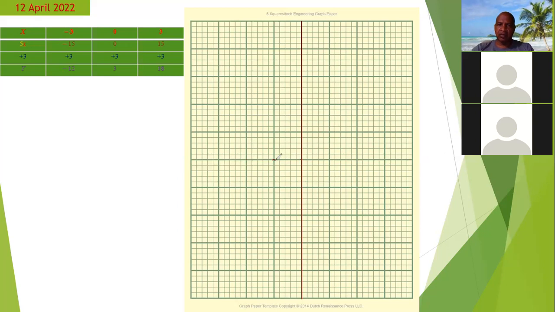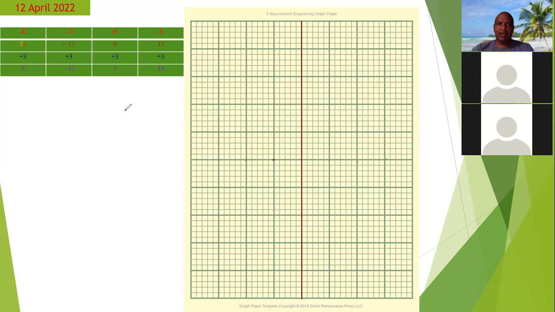So the next one would go 1, 2, 3. So we are able to go 3 units to the left. And to the right, we should be also able to go 3 units to the right. So we go 1, 2, 3. That means we would have positioned our y-axis in the appropriate place where we can go 3 units to the left and 3 units to the right.